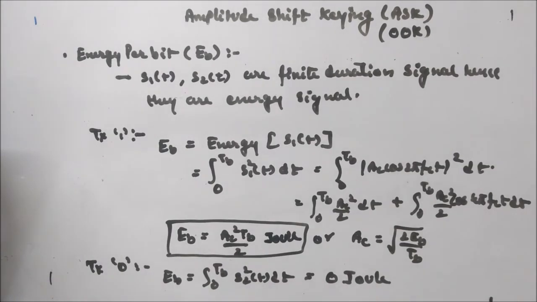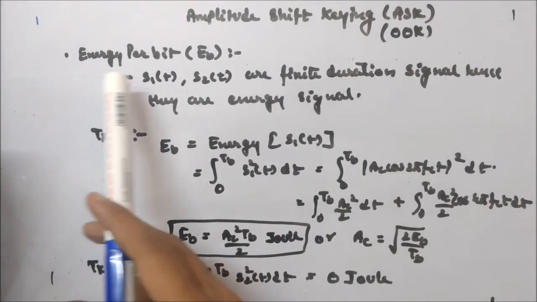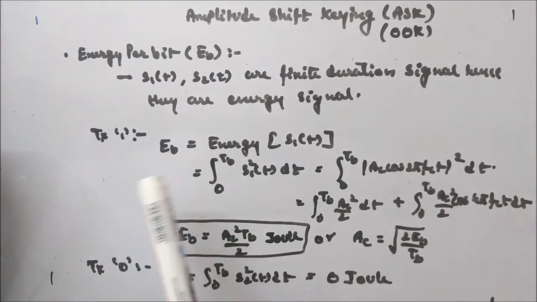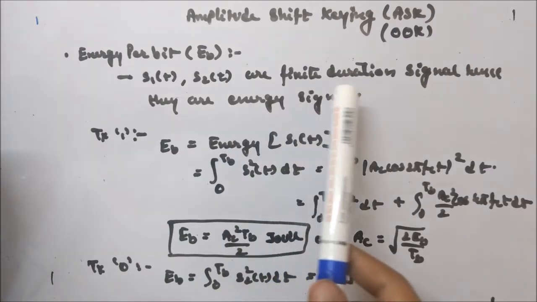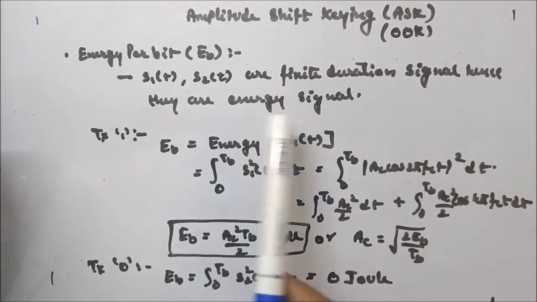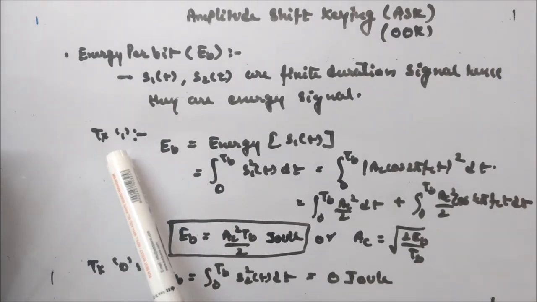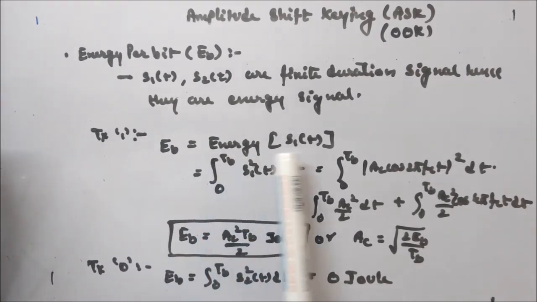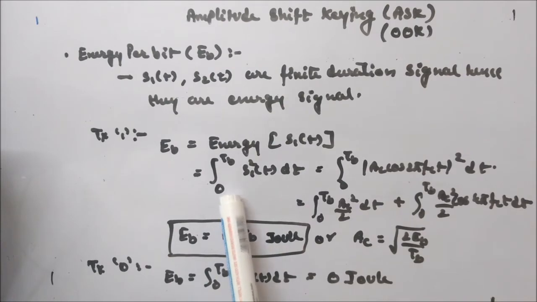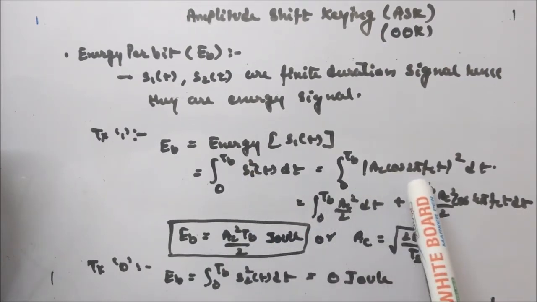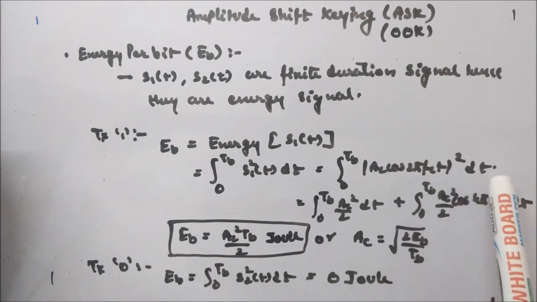Okay, so now let's look at energy per bit, represented by Eb. Now S1(t) and S2(t) are finite duration signals, hence they are energy signals. If you calculate the energy of sending bit 1, Eb is equal to the integral of S1²(t) dt from 0 to TB, which is the integral from 0 to TB of (Ac cos 2πfct)² dt.